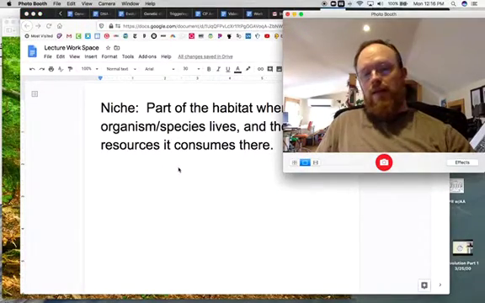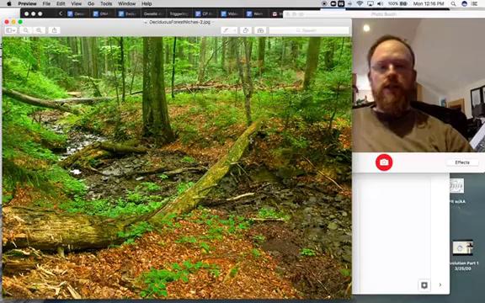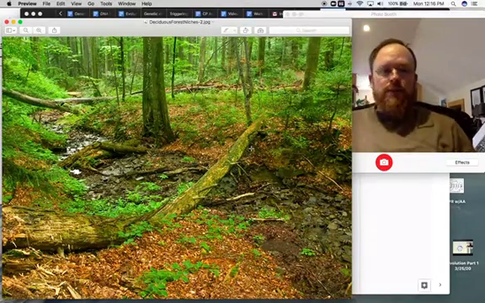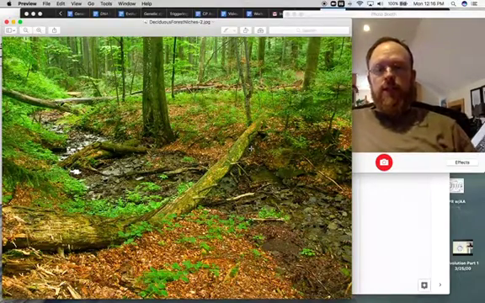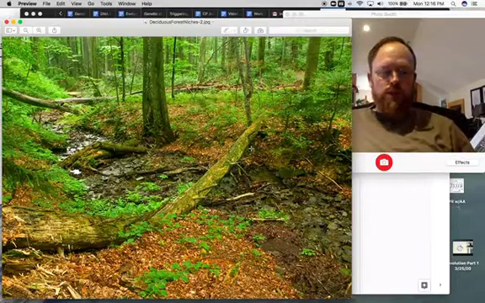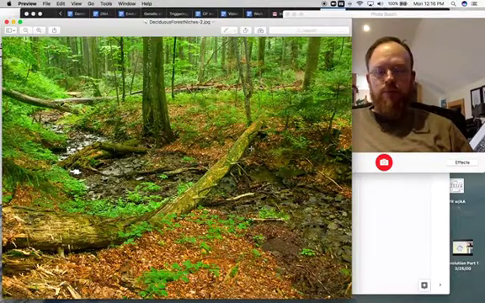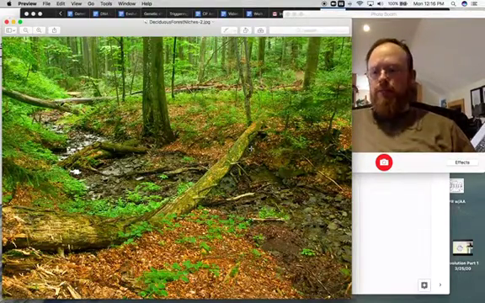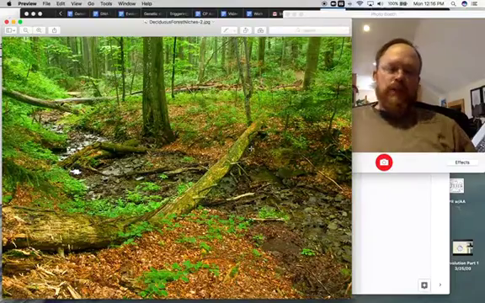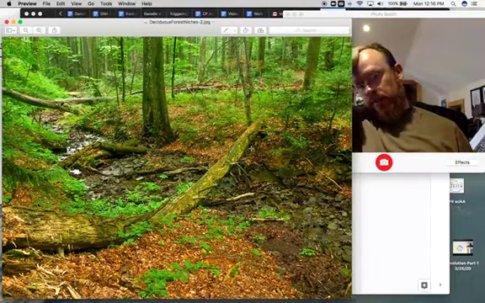And let's apply that idea to this picture here. Okay, so here's a habitat. This is called the temperate deciduous forest, which is the habitat that we live in here in Maine, the biome, we could say, that we live in here in Maine. And so in this picture, we can identify all kinds of different niches, right?